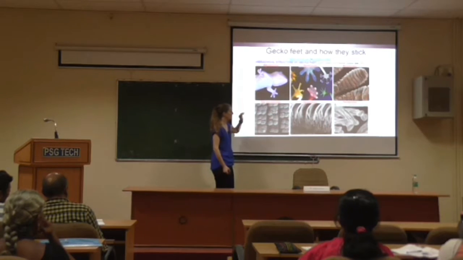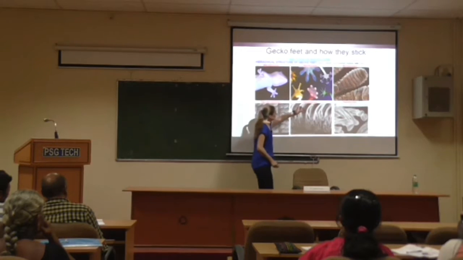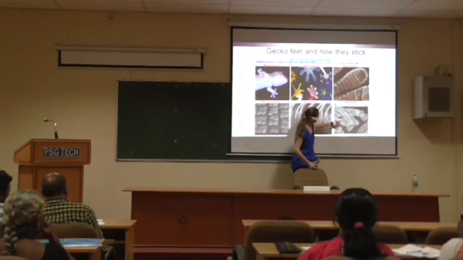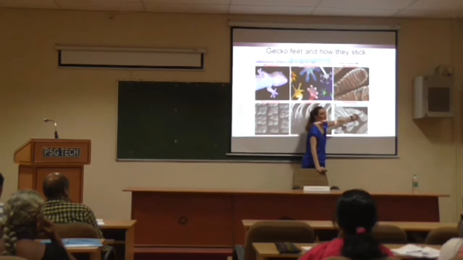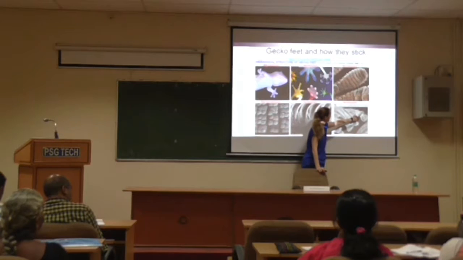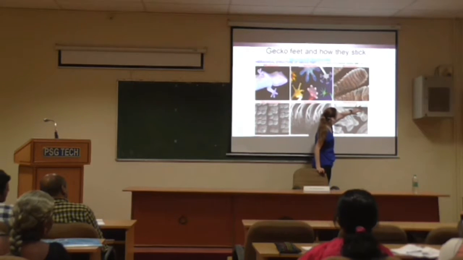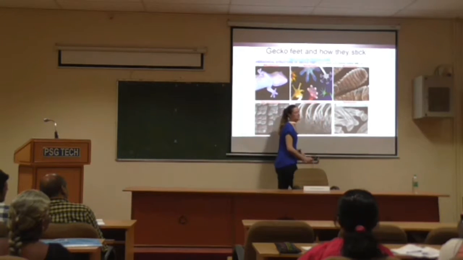If you zoom in even closer, each individual hair gets split multiple times, and at the end, they're split into what's called a seta. They'll explain it in the video. And it has a little nubby part at the end. This is 500 nanometers, so this is maybe 100 nanometers in size.